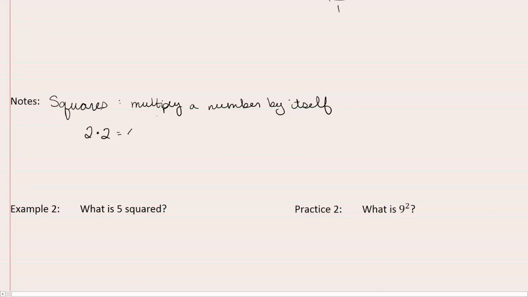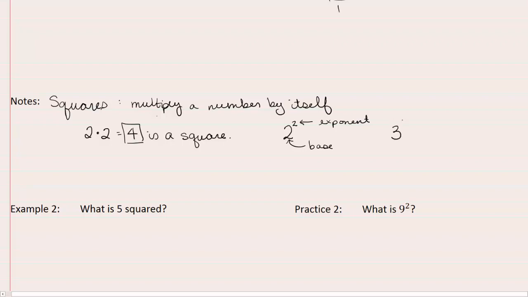Well, 2 times 2 is 4. So 4 is a square number, or a perfect square number is how you might also hear it called. You might also see it written as 2 with a little 2 up top. That little 2 up top is called an exponent, and the big 2 on the bottom would be a base number. The exponent just tells you how many times you're going to multiply the base by itself.